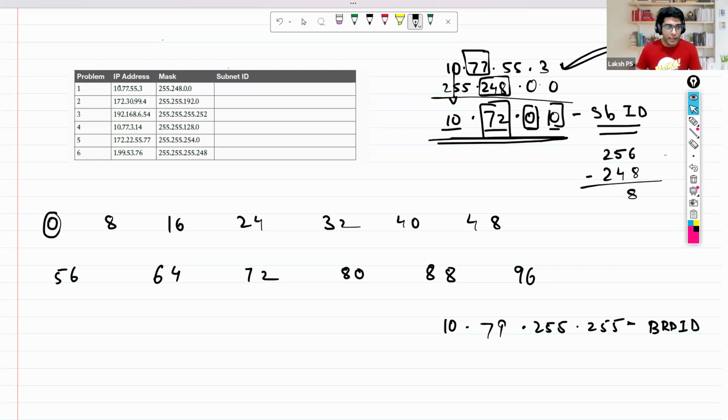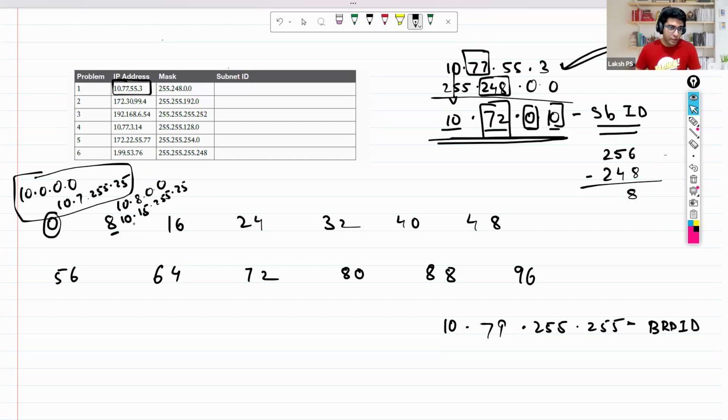So this particular IP address range starts from 10.0.0.0 and it ends at 10.7.255.255. This is one subnet. Then the next subnet range starts from 10.8.0.0 and goes up till 10.15.255.255, which is between these two.